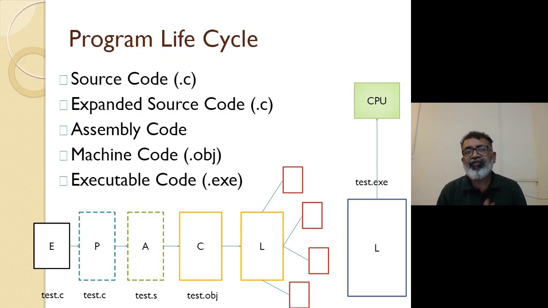But I told you in the first chapter, there is another kind of system software apart from the compiler, which we call the preprocessor. As the name signifies, preprocessor: before processing, which means before compilation, obviously. So before processing, there is another software. That's why the name is given as preprocessor.